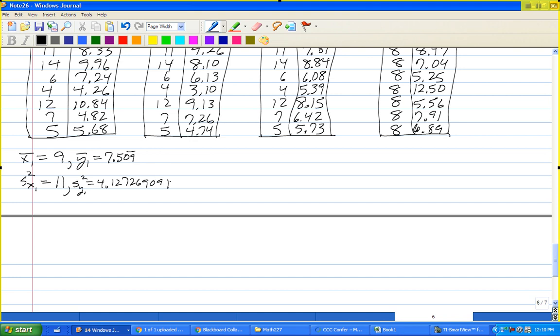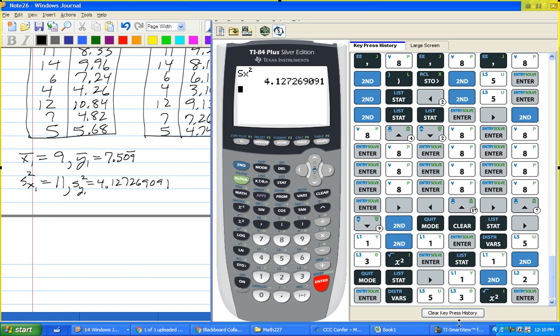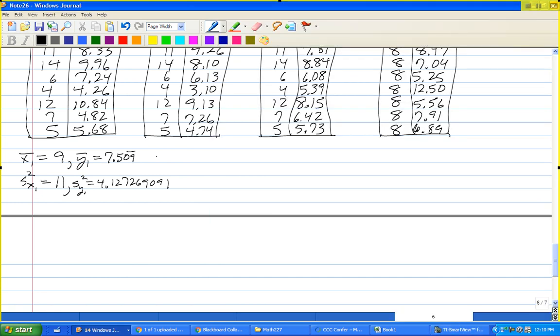Okay, good. Let's do this for the second one. Well, obviously the x's are going to be the same, so I know that the mean is 9 and the variance is 11.